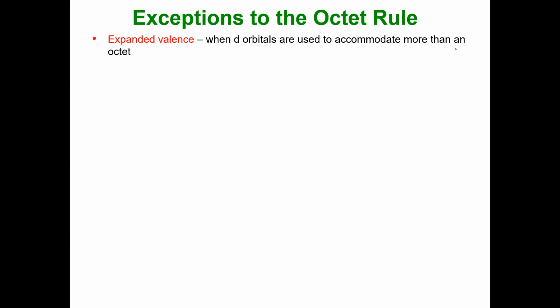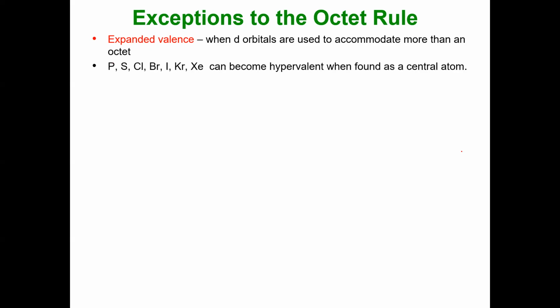So when you have d orbitals, you see in a lot of cases, phosphorus when it's a central atom, sulfur, chlorine, bromine, iodine, krypton, xenon, when they're central atoms, they actually expand the octet. And yes, even noble gases.